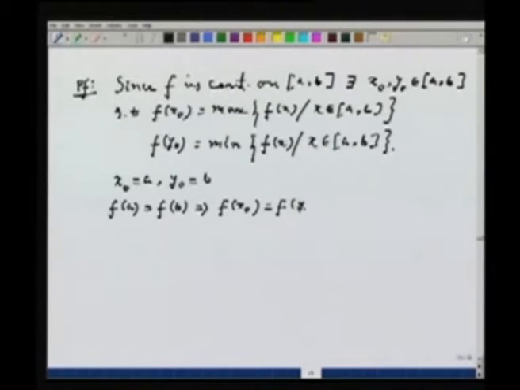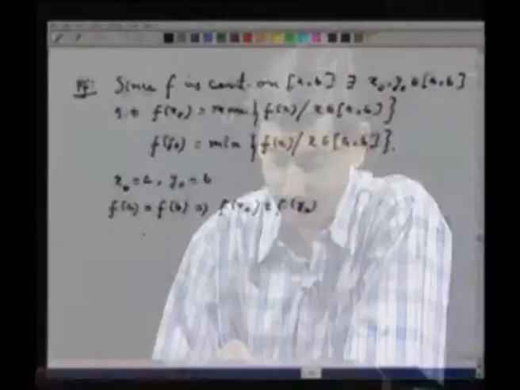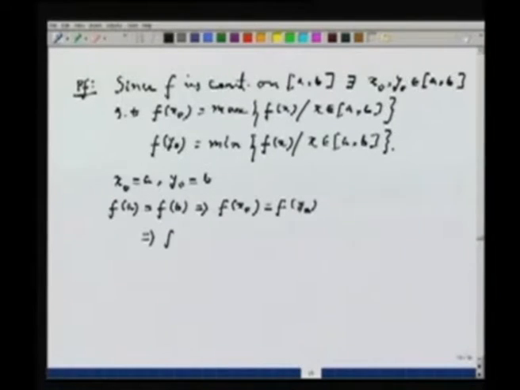That is, the function has the same maximum as well as the minimum. What does this mean? This implies that f is a constant function. That is, f of x must be equal to c for all x in AB.